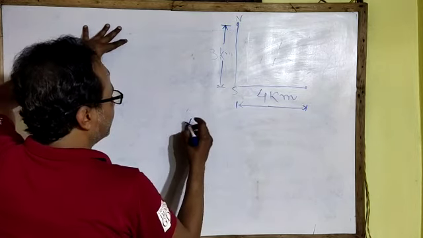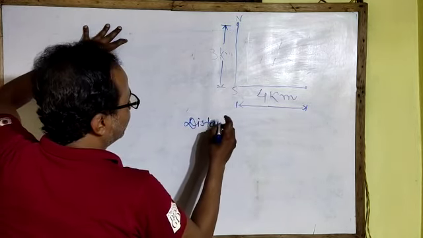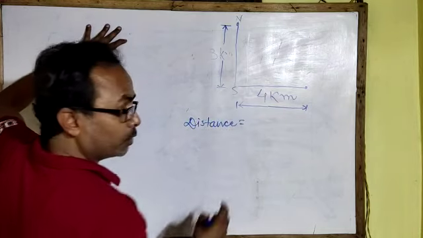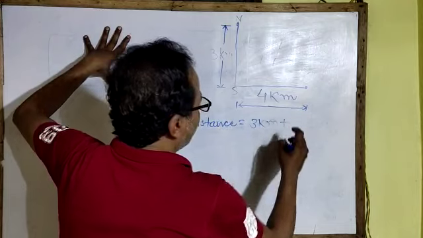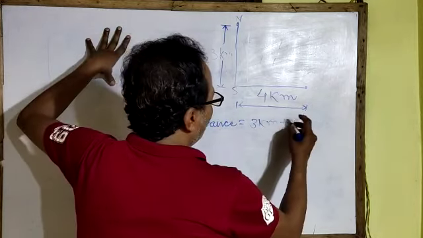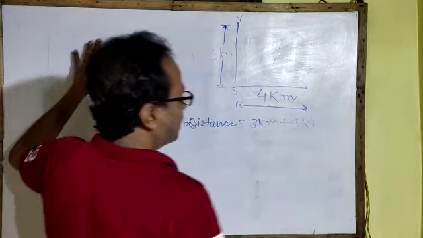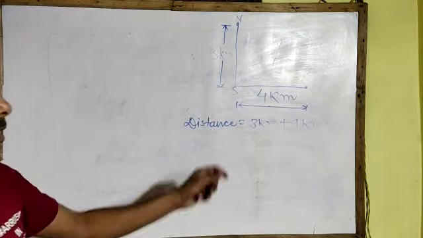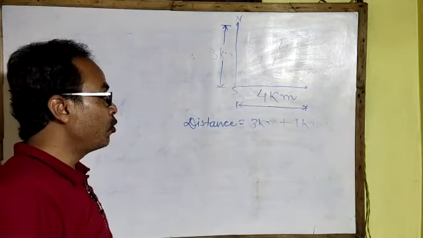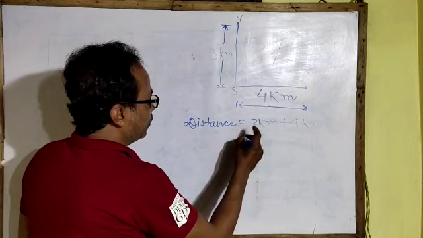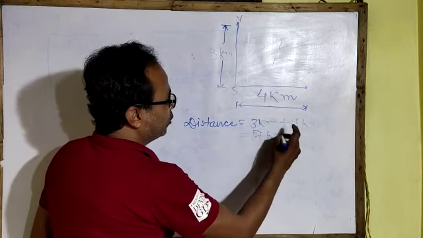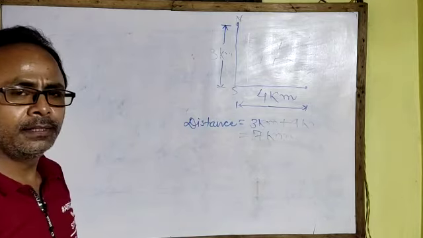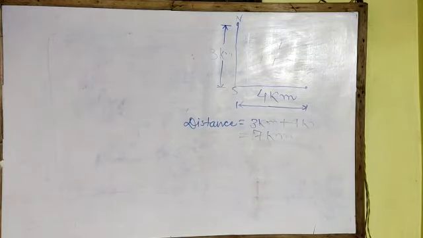So the total distance is 3 kilometers plus 4 kilometers, that is 7 kilometers.